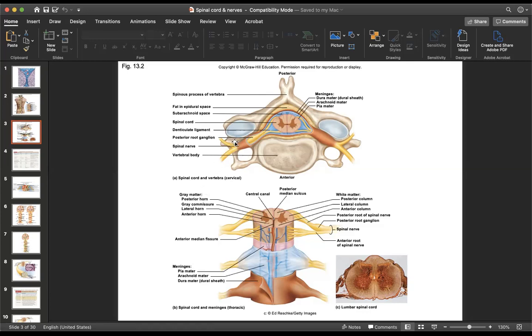If you're in the thoracic region, it goes between the two ribs and forms the intercostal nerve. Okay, so we have the dorsal ramus goes to the back, ventral ramus to the front. So we'll get to that in a minute.